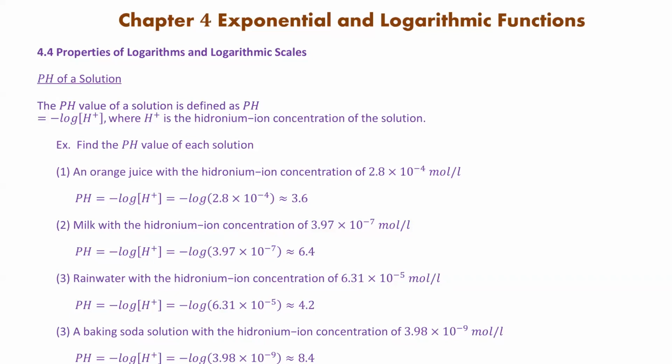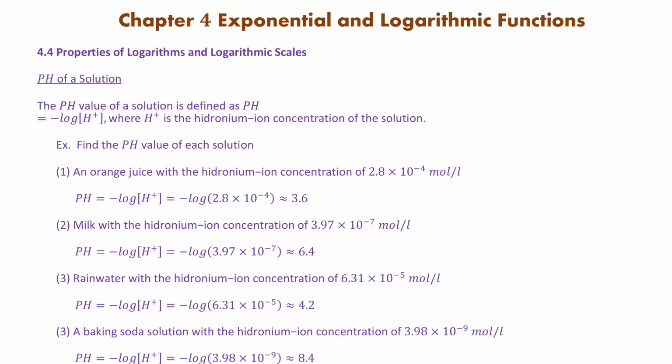So let's just do a few examples. We find the pH value for four solutions. First, an orange juice with the hydronium ion concentration of 2.8 times 10 to the negative 4 moles per liter.